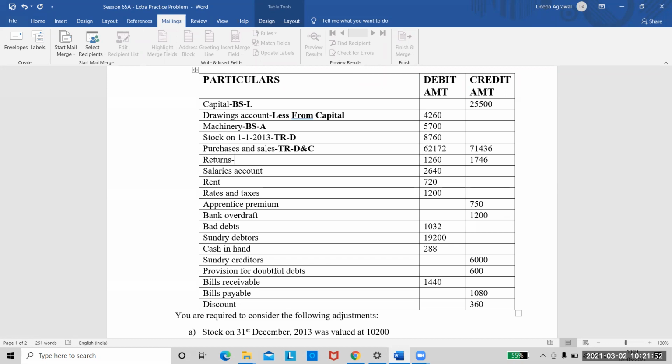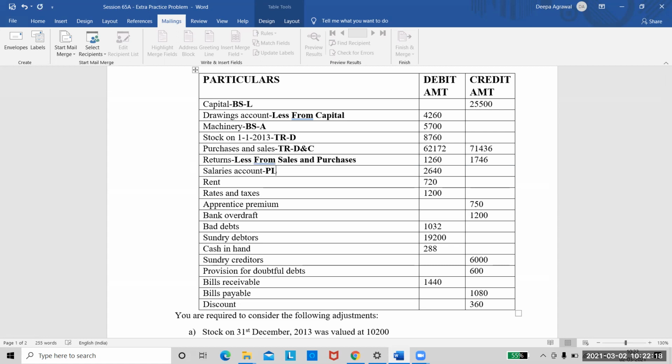Ma'am, debit is sales return and credit is purchase return. Yes, so I'm writing it as less from sales. I'm writing sales first because first it is sales returns, right? So less from sales and purchases. So you have to deduct 1260 from sales and 1746 from purchases.